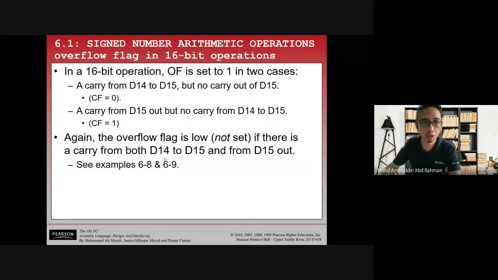First of all, just to mention that whenever we have OF is 1 in the 16-bit number, we need to ensure that there is a carry from D14 to D15 but no carry out from D15, or a carry out from D15 but no carry from D14 to D15. Similarly to the 8-bit operation, the OF flag is 0 if there is a carry from both D14 to D15 and out from D15.